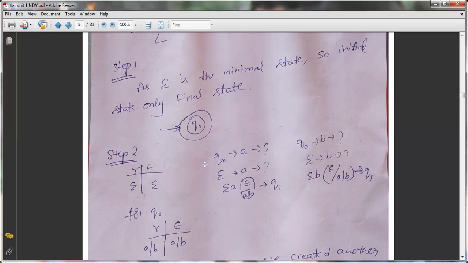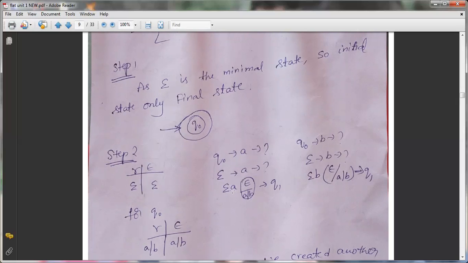Then we have to calculate Q0 on a, where is it going? By giving an input a, we check here. What is the read value for a? Epsilon. Epsilon on a is going where? We don't know. Epsilon a, single a is there.